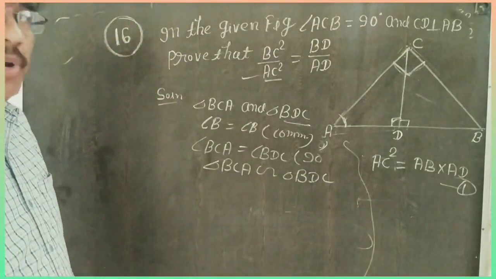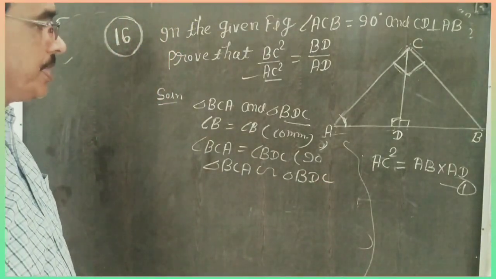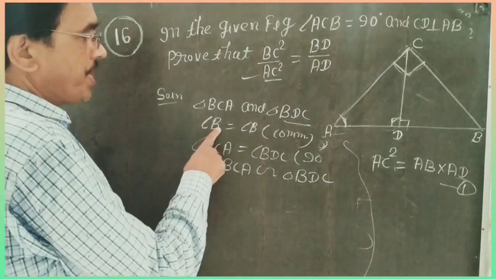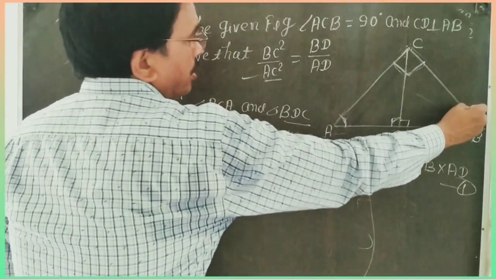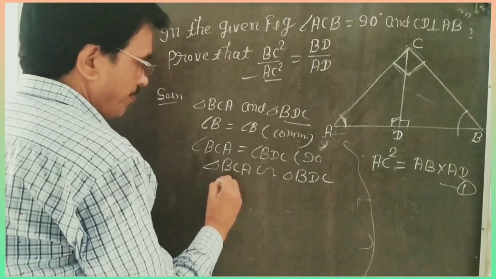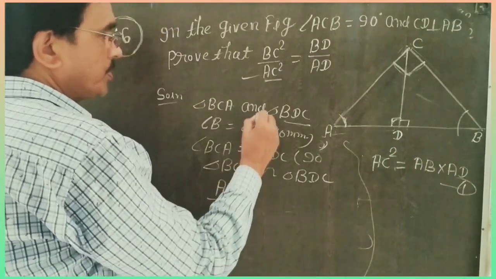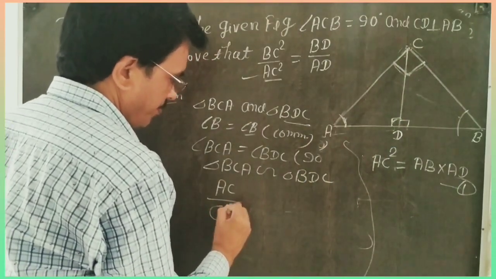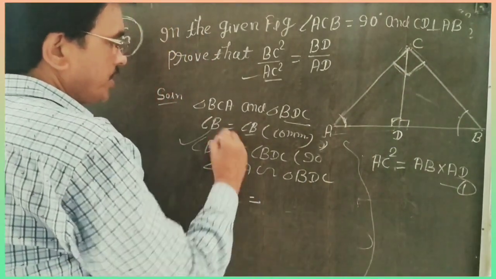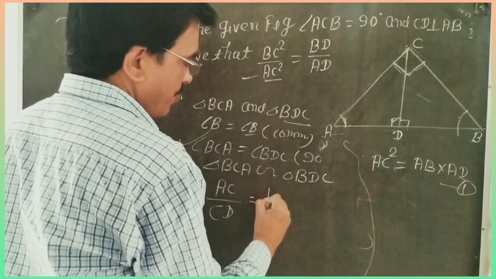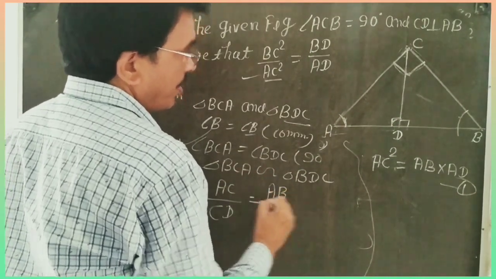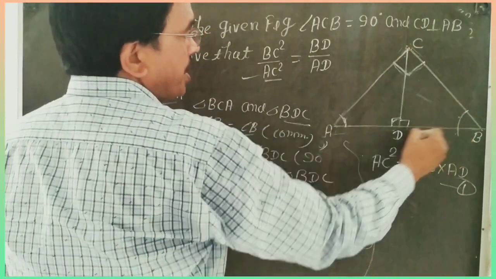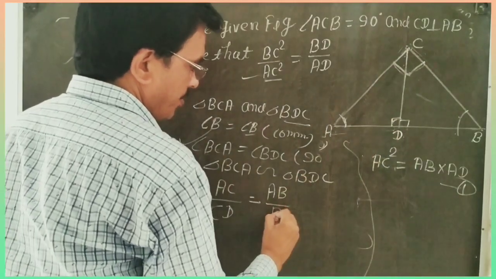If these are similar, find the relation between their sides. Opposite of B in the large triangle is AC. Opposite of B in the small triangle is CD. Opposite of BCA is AB, and opposite of BDC is BC.